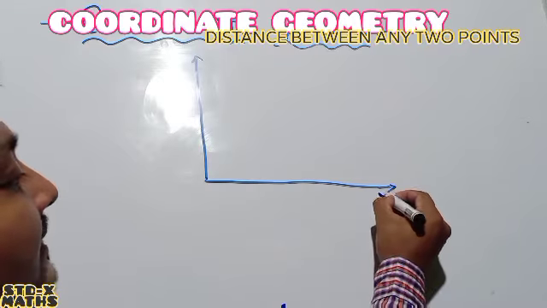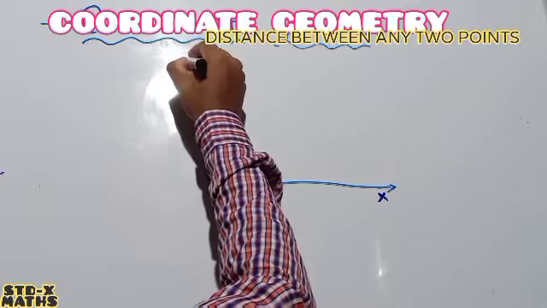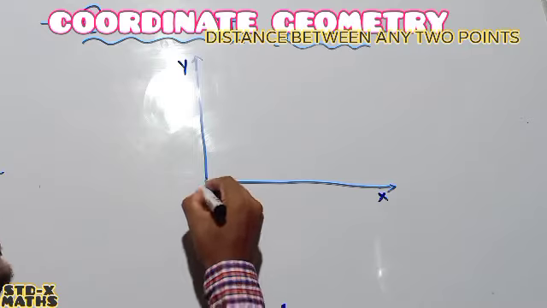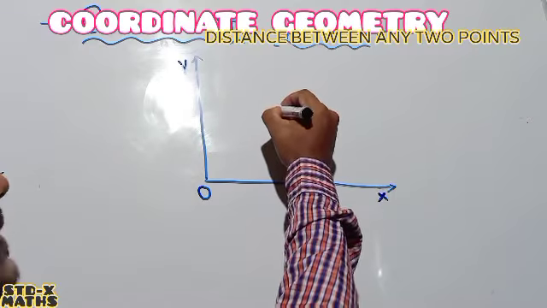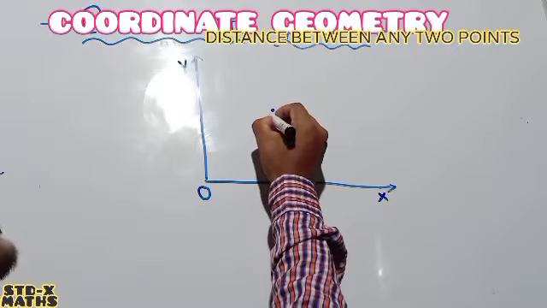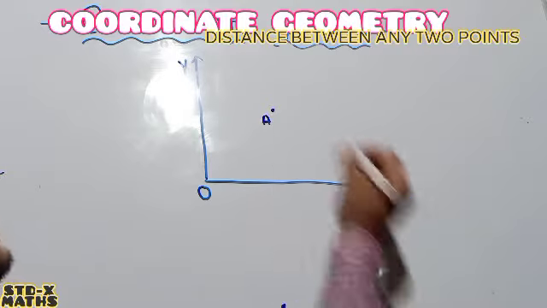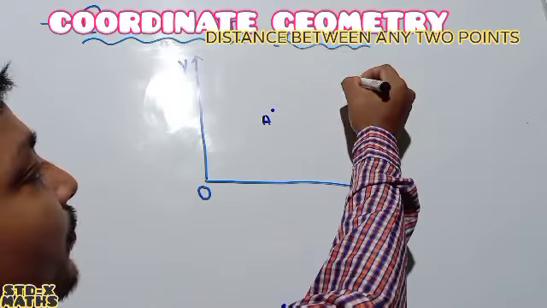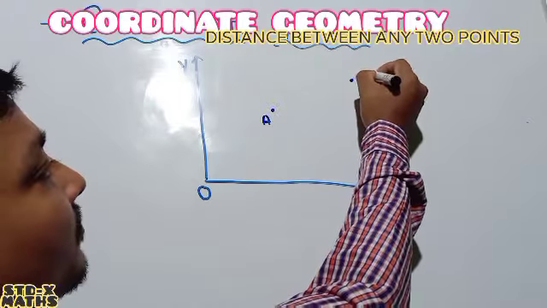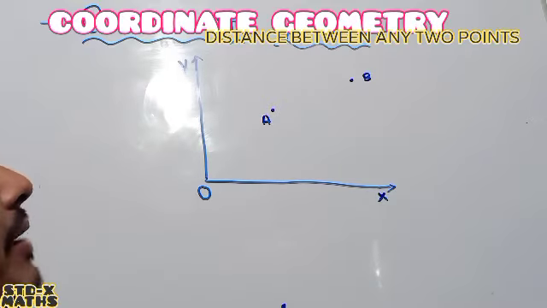This one is our x axis, this one is our y axis, this one is our origin. Suppose here it is given that 2 points are given. Suppose here the point name is our A, and here the point name is our B. One point name is A and another point name is B.